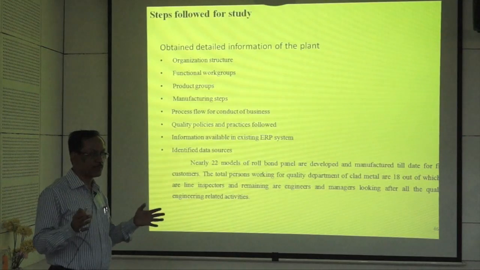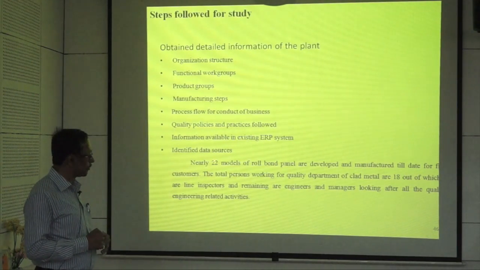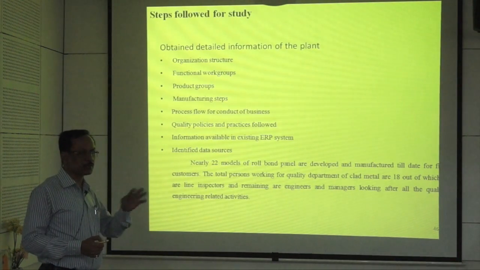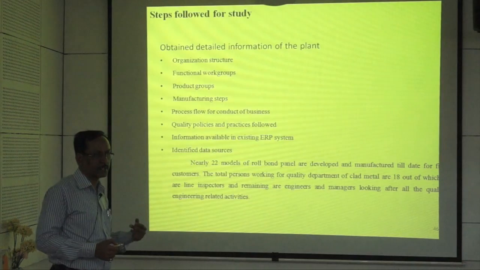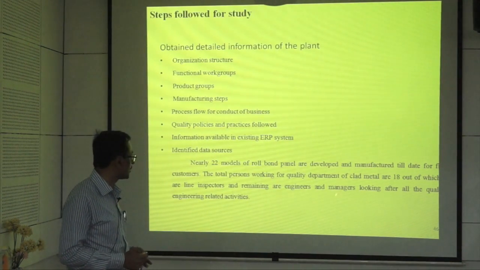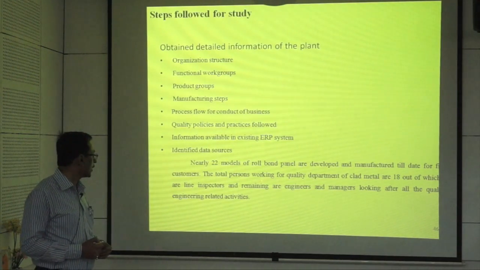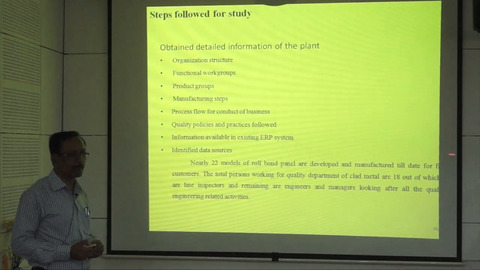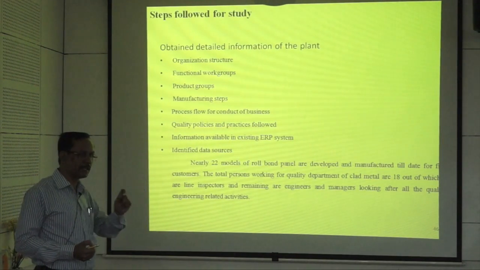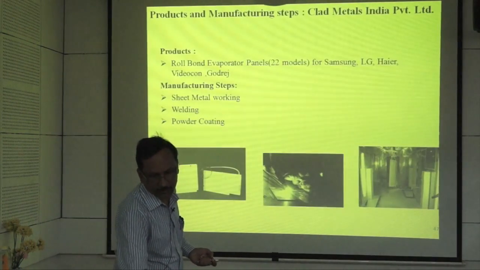The evaporator is made up of roll bond panel nowadays, and he has developed 22 models to date. In any month there is a mix of 5-6 models based on requirement. There are 5 main customers, all important. The total working persons in the quality department were 18: 10 were supervisors, engineers and managers, and 8 were line inspectors.